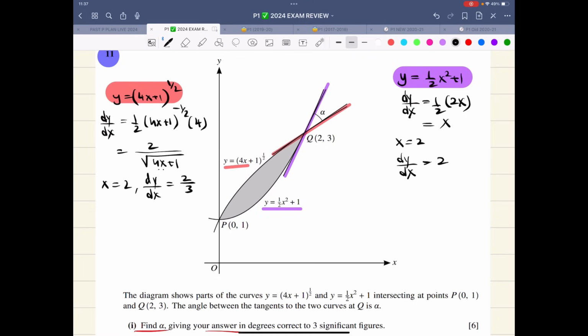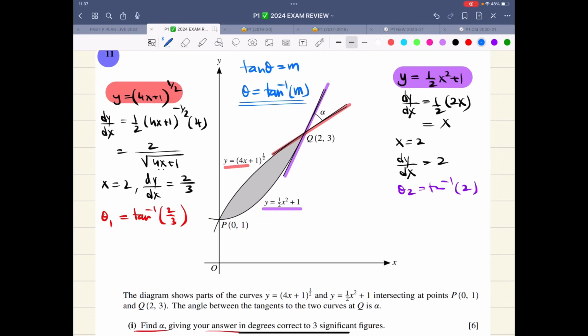So the angle produced by the red line, let me call it theta1, is tan inverse of 2/3. The angle produced by the other line, theta2, is tan inverse of 2. What is the logic? The logic is tan theta equals the gradient of the line, or theta is tan inverse of the gradient, a very important concept.